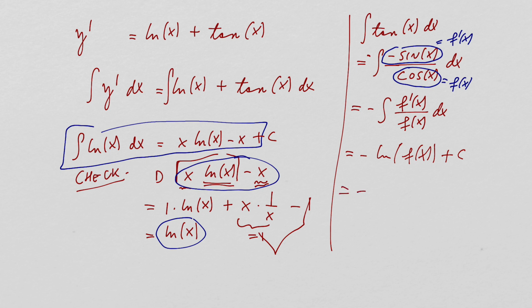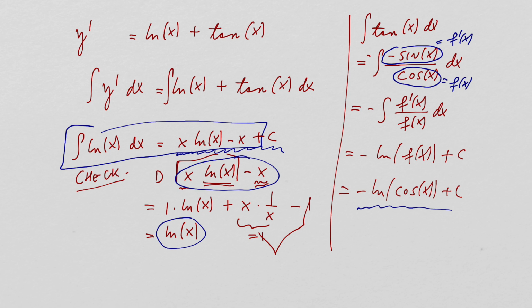So we will have ln of cosine of x. Now we have the integral of the natural logarithm and the integral of the tangent, and we can use these facts to find the solution.